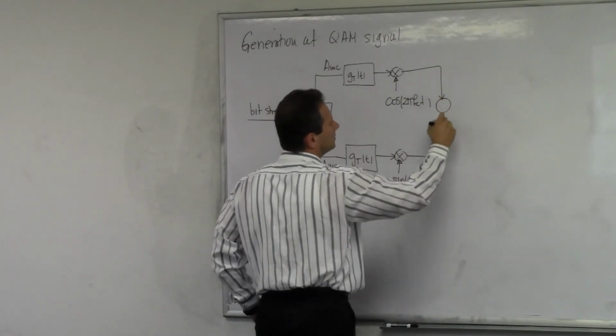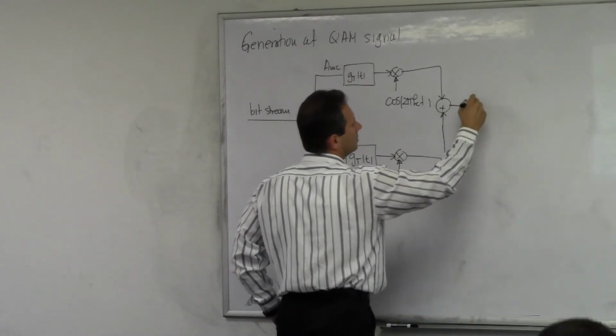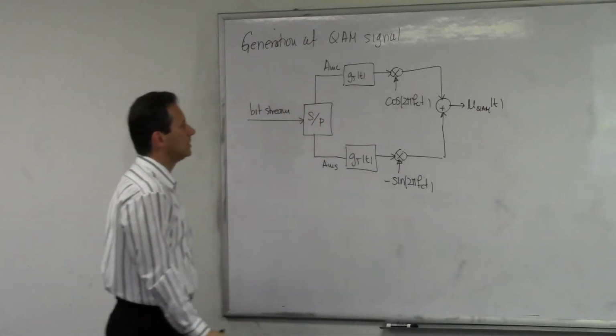And these 2 combine, and here comes your u quant(t). So this is your modulated signal.